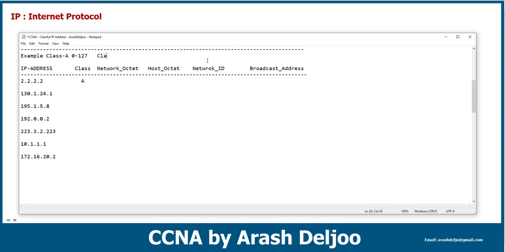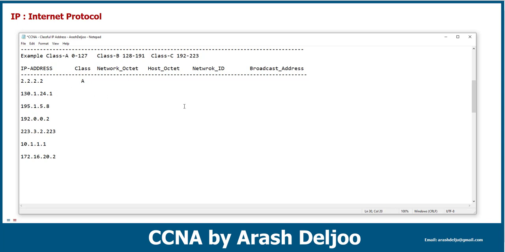And after that, class B is between 128 to 191. After that, class C is between 192 to 223. That's it. Because 2 is between 0 to 127, this is class A. Also, 130 is between 128 and 191.